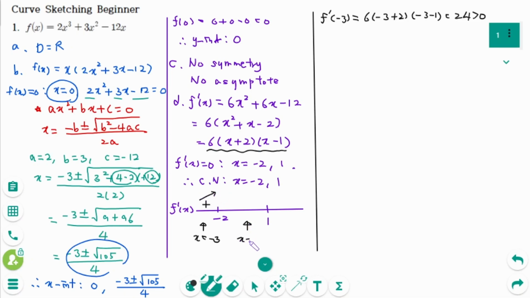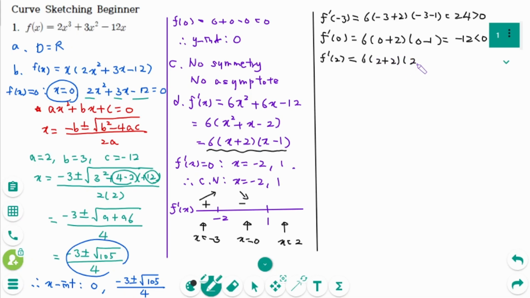When the testing number is 0, f prime of 0 equals 6 times 0 plus 2 times 0 minus 1, which is minus 12, less than 0. When the testing number is 2, f prime of 2 equals 6 times 2 plus 2 times 2 minus 1 is 24, which is positive.